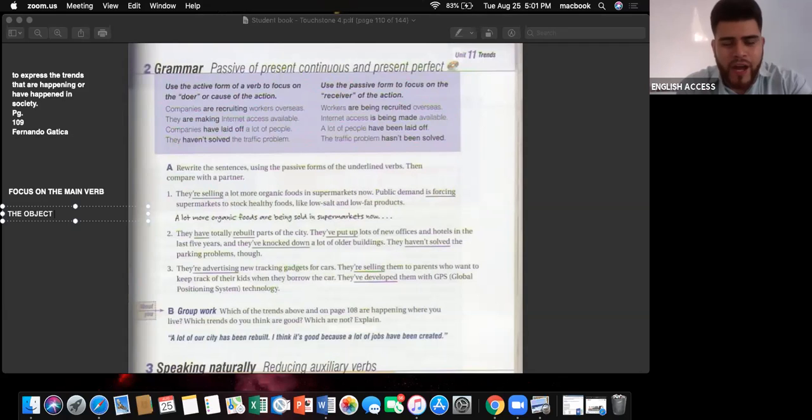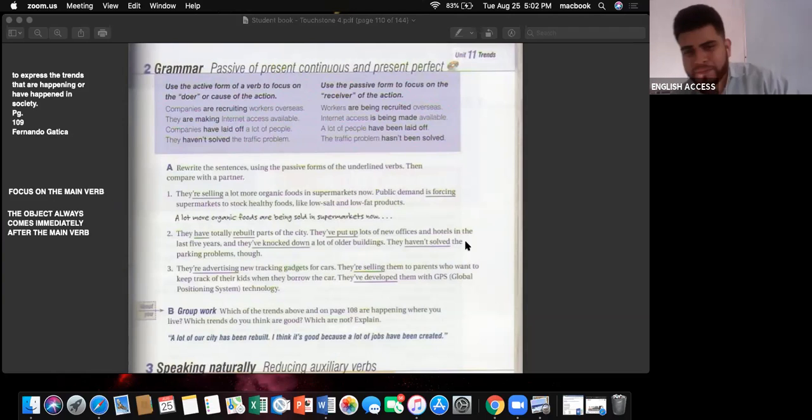That's the verb we need to focus on. Another tip: the object always comes immediately after the verb or the main verb. That is my tip for you. And if you do this, this exercise will be easy. In these sentences, we have 2 different types of passives, the continuous and the present perfect.